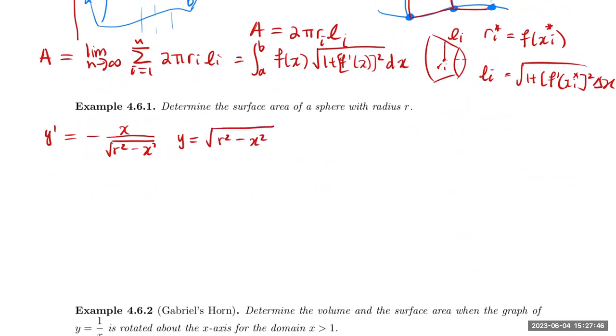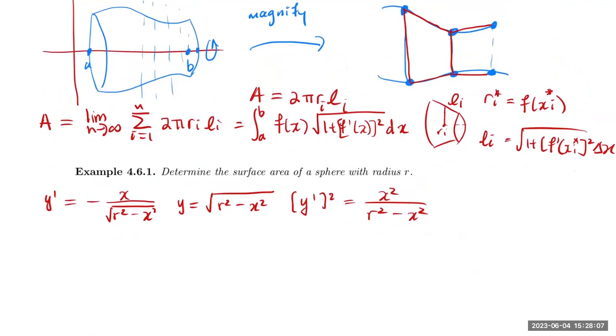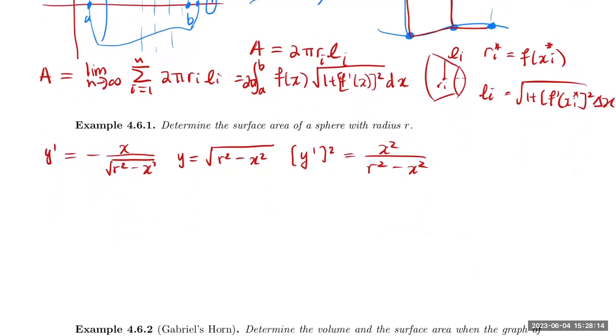And we also know that y prime, whole thing squared, is equal to x squared divided by r squared minus x squared. So those are the three quantities we need to know. Oh, as well, we're missing another quantity. We need to make sure we have the 2 pi out here as well, because we have this constant here, so it has to go here. Okay, so let's go ahead and put that in.